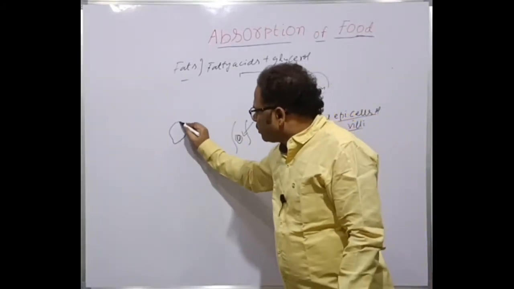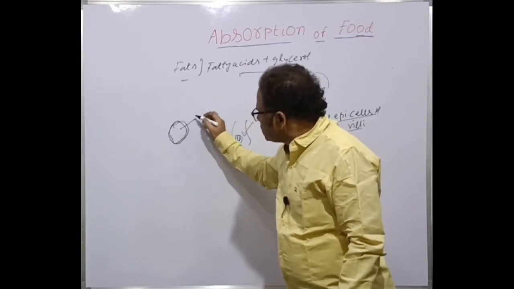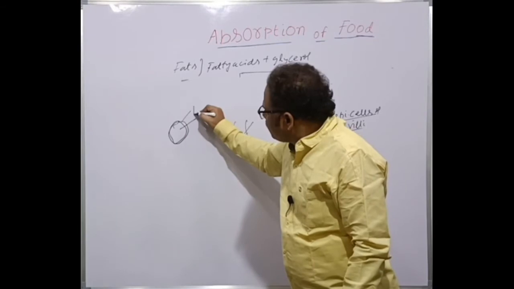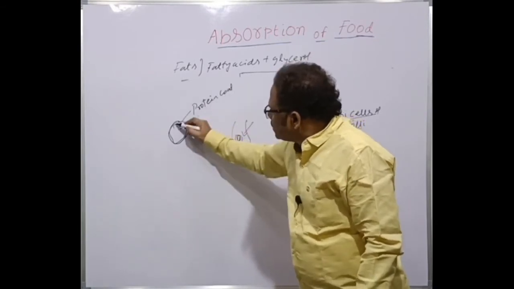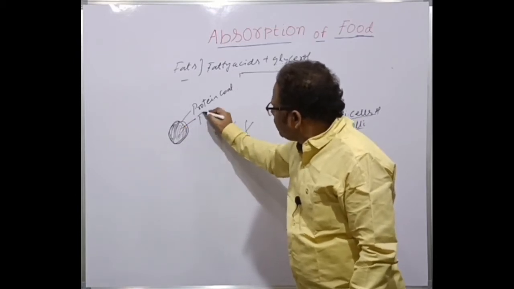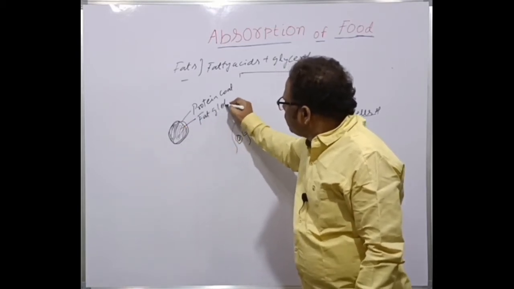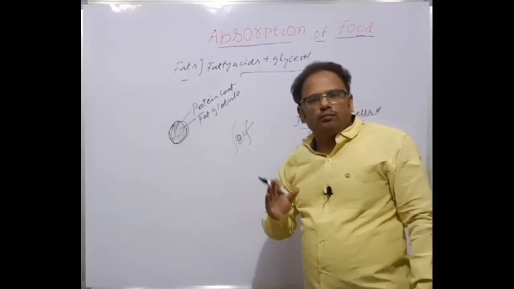A chylomicron is a fat globule, globular in shape, around which there is a protein coat.